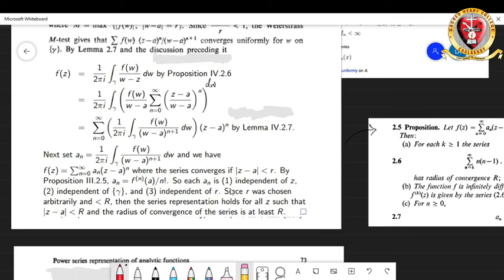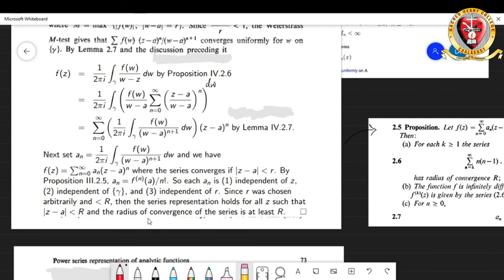So each a n is independent of z, independent of the set of points in gamma, and independent of r.